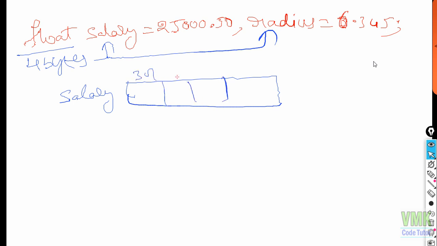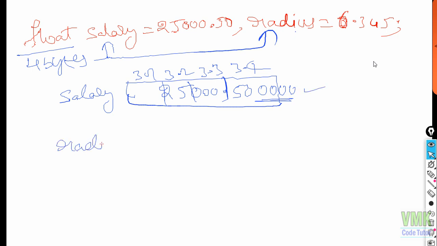Assume this is 301, this is 302, this is 303, this is 304, and it is stored with the value 25,000.50, and the remaining 4 will be stored with zeros, because float compulsorily stores 6 decimal points. A float variable stores 6 decimal points. Then here is radius. The radius is also 4 bytes: 1, 2, 3, 4.